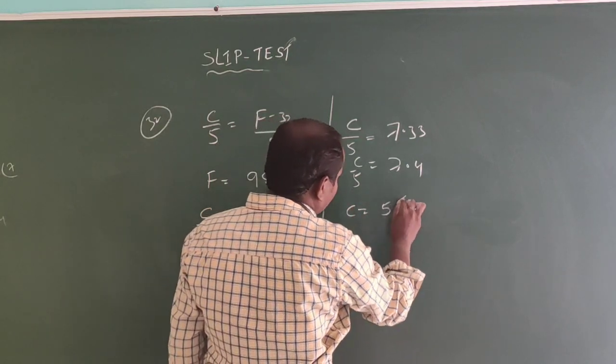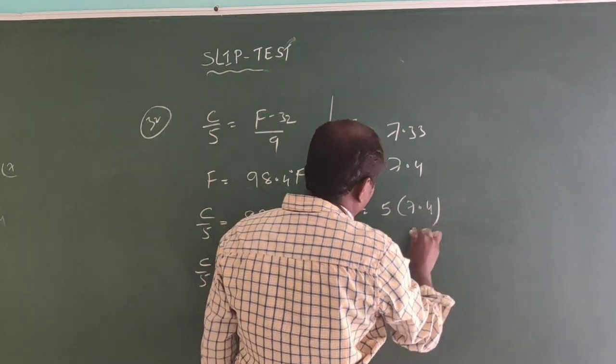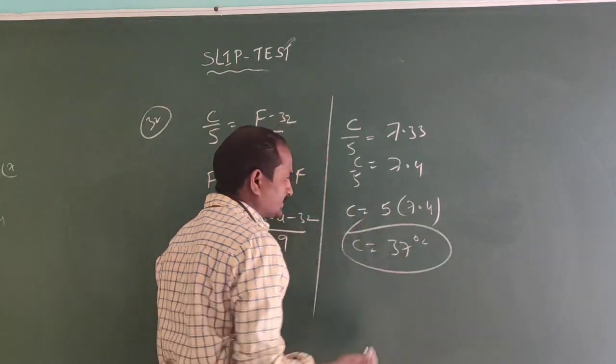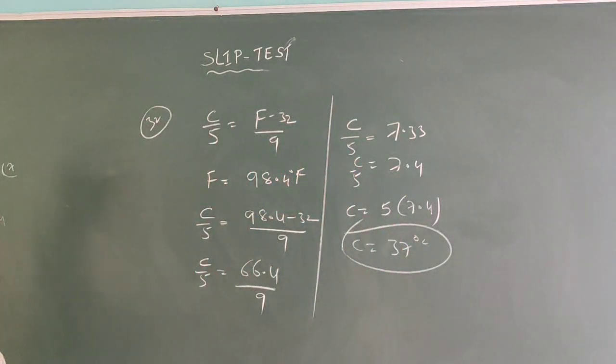C equals 5 into 7.4, that is nearly 37 degrees Celsius.